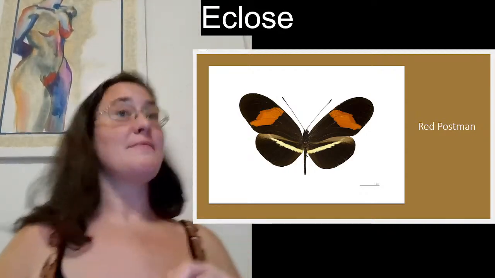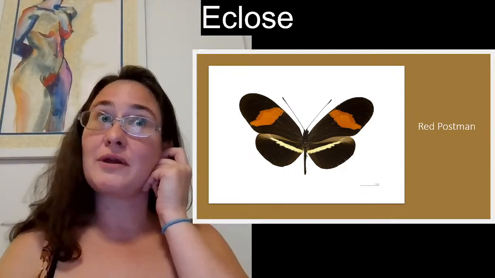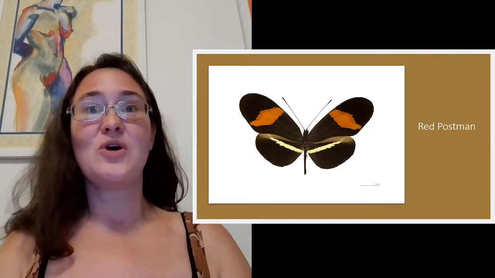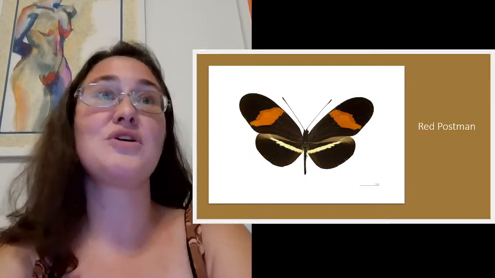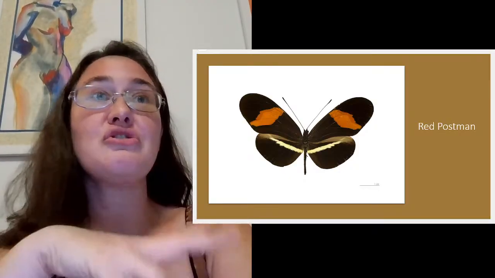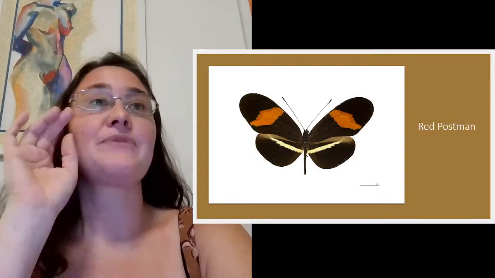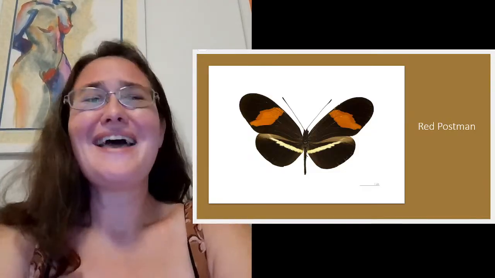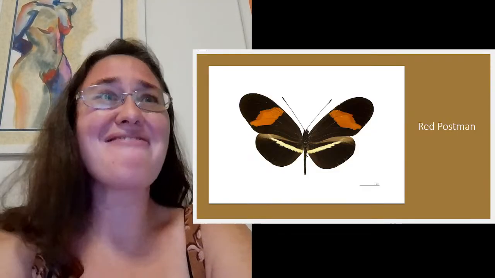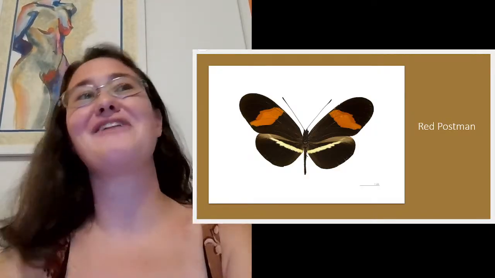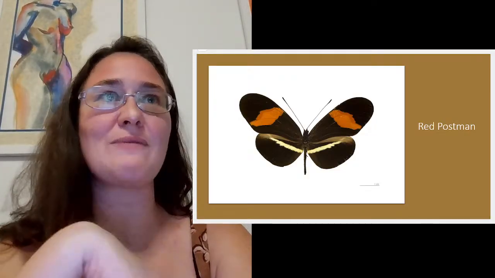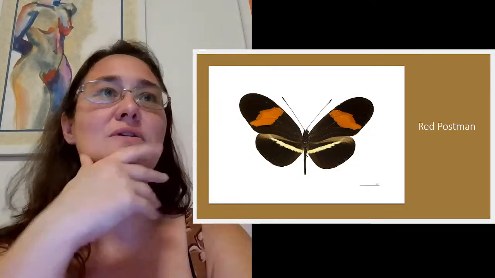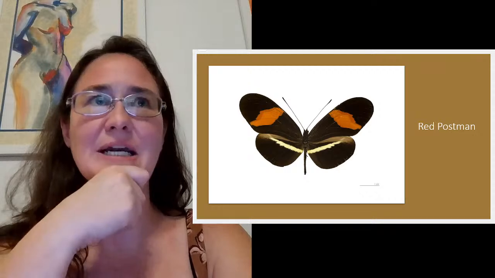Now, in the red postman or long-winged butterflies, the males will generally eclose 2 or 3 days before the females. So the males eclose from their chrysalis, and they spend all that time drying their wings and blowing them out. And yes, I'm ready to fly. And they go out looking, and they're trying to smell some females, and they're trying to figure out what's happening out there.